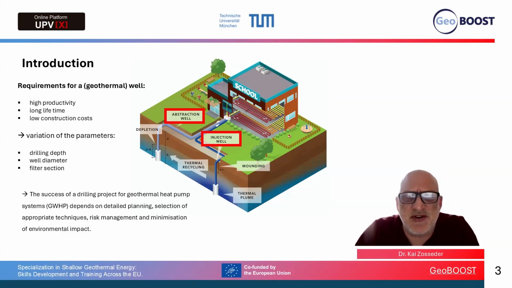So a successful drilling project for geothermal heat pumps depends on detailed planning, selection of appropriate techniques, risk management, and of course a minimization of environmental impact. You have to do that because water authorities really look that this is properly done.